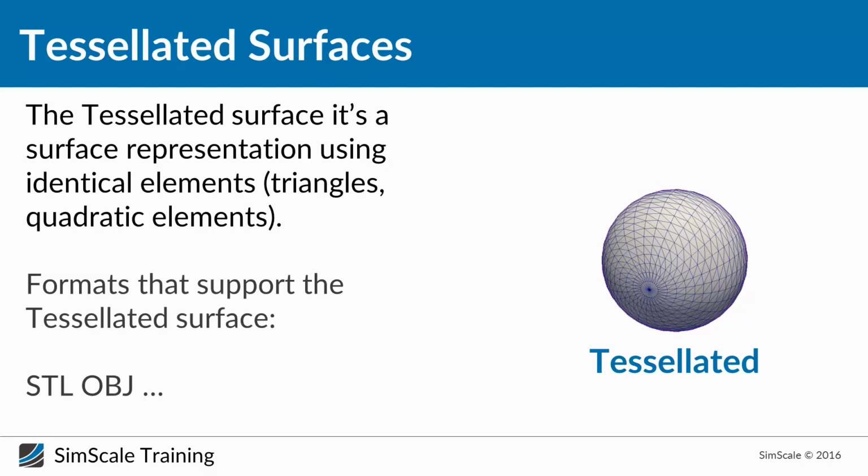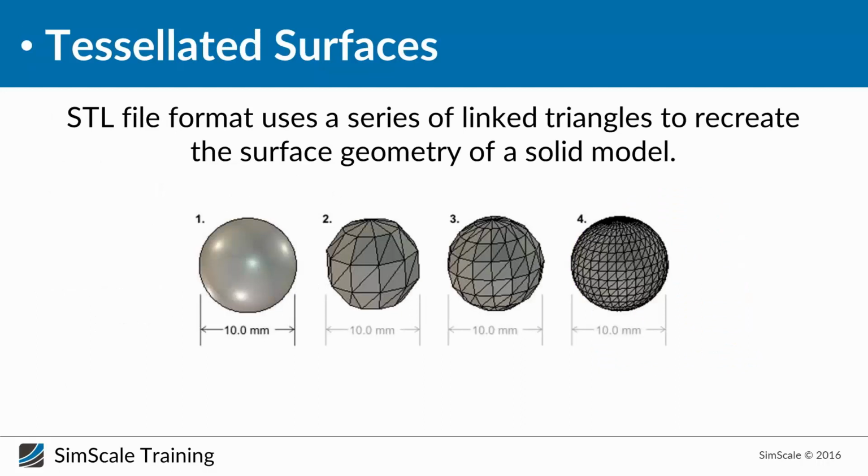So here we can see a comparison between a precise surface that we can see here in figure number 1, and on the other side we have 3 other surface representations, but we are talking about tessellated surface here.